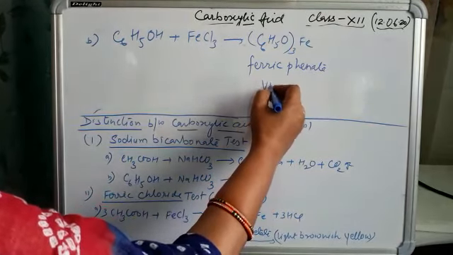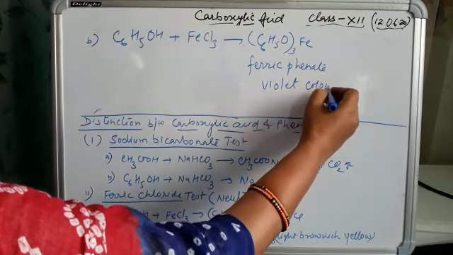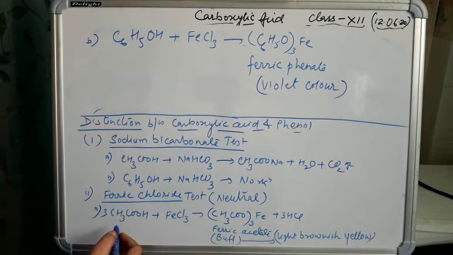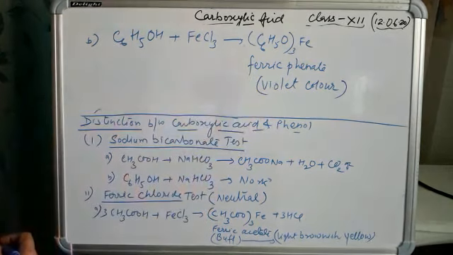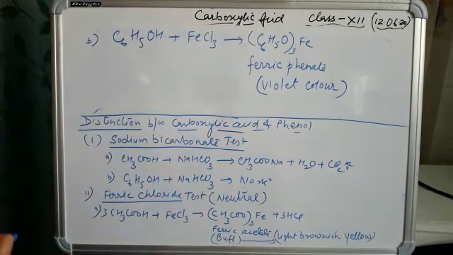And the color of this compound is violet. On the basis of the ferric chloride test, we can find out whether the given sample is acid or phenol. If buff color is obtained, that means acid is present. If violet color is obtained, this means phenol is present. So this is the easiest method to remember to distinguish phenol from acid, or other tests you can also learn.